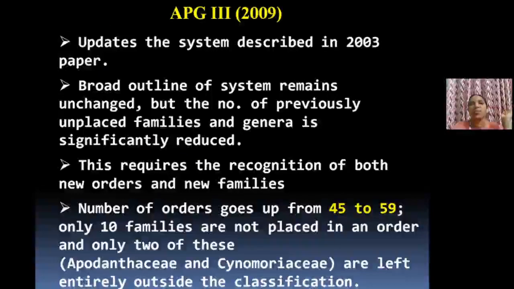Now, APG 3, what is the difference is, this is actually a modification. What are the demerits in the APG 2 that are rectified here? Actually, the number of orders is raised from 45 to 59 here. Only 10 families are not placed in an order, and only 2 of these are left outside the classification.